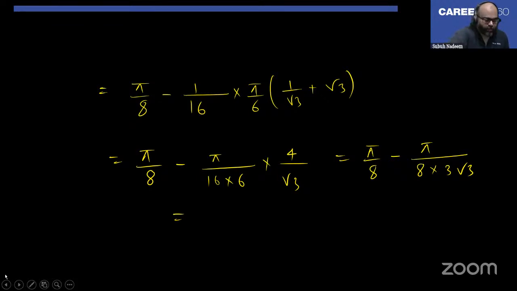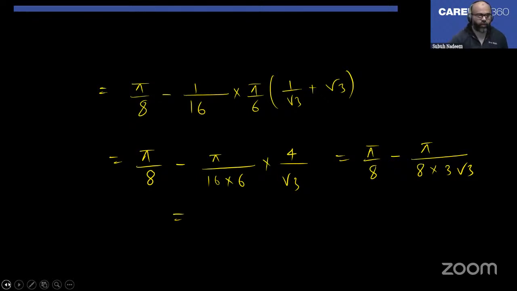Let us see. It is pi by 8 minus pi by 16 root 3. Okay. So let us see our calculation. I hope we have done it correctly.